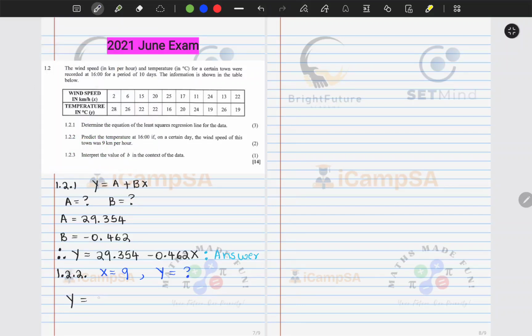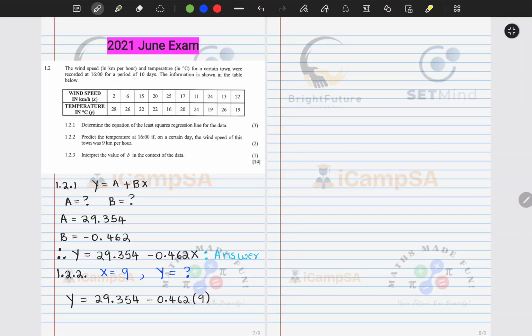So our Y will be 29.354 minus 0.462 into 9. So let me use my calculator. 29.354 minus 0.462 into 9.